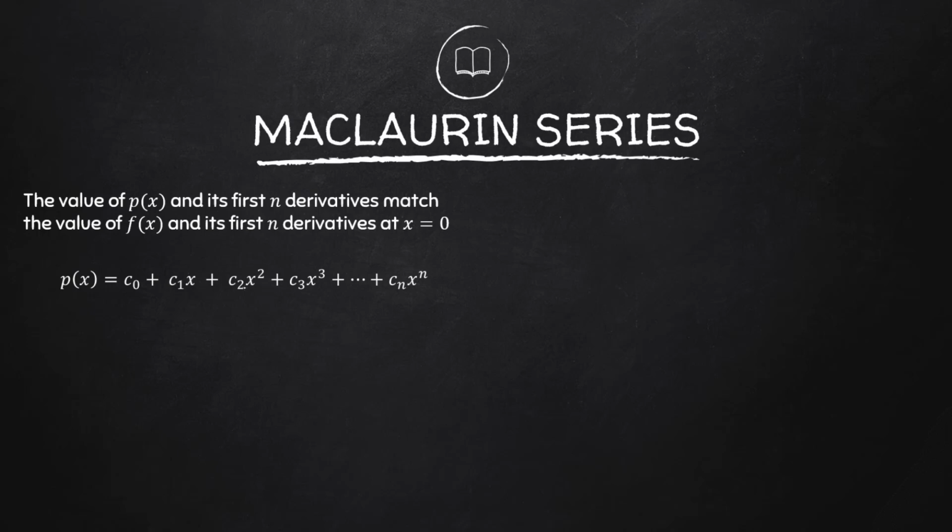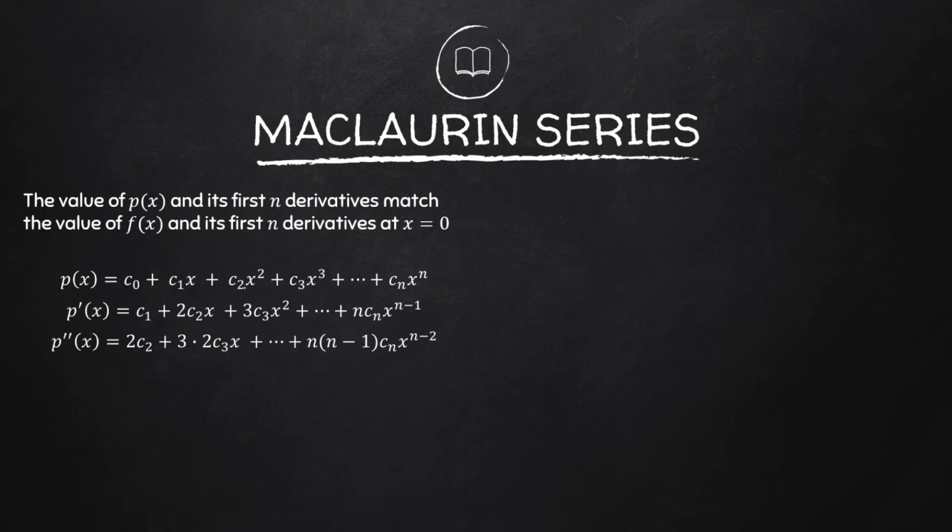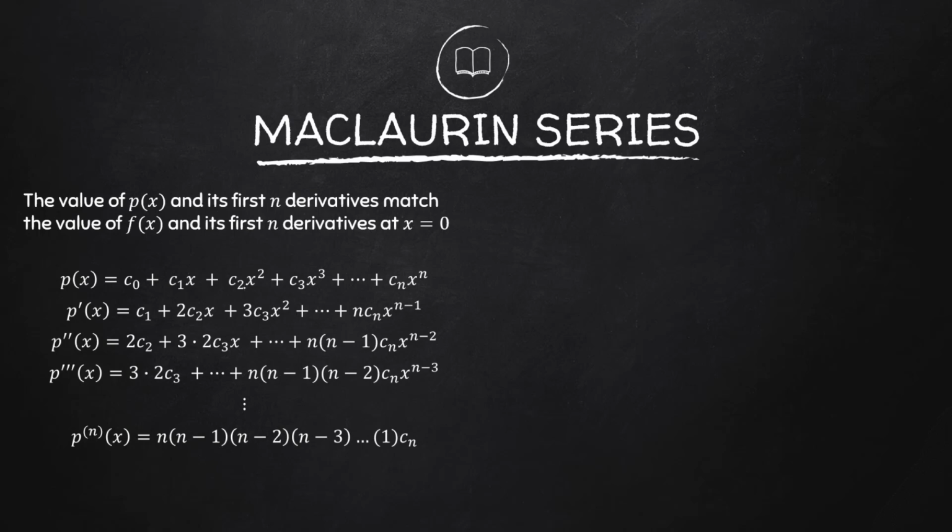So we have your approximating function. We take its first derivative, second derivative, third, up to the nth derivative. If we substitute x is equal to 0, we evaluate it at x is equal to 0.